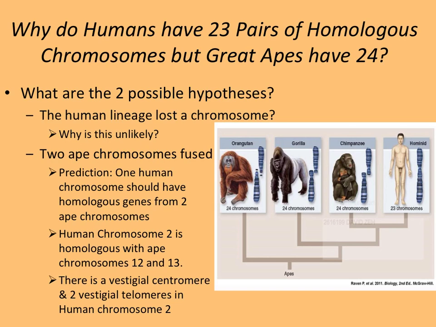So there's an extra centromere, like vestigial, and there's also two vestigial telomeres that wouldn't have been there, but we have this fusion event. So this supports the hypothesis that two ape chromosomes actually fused.